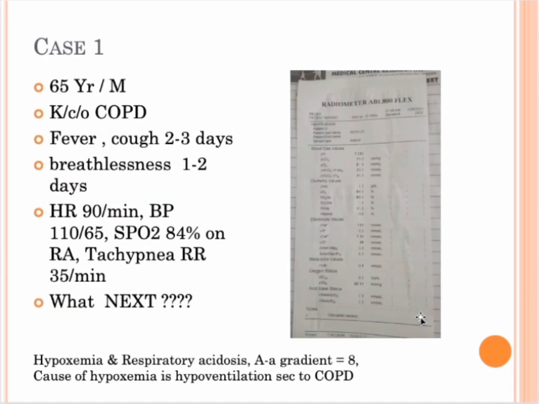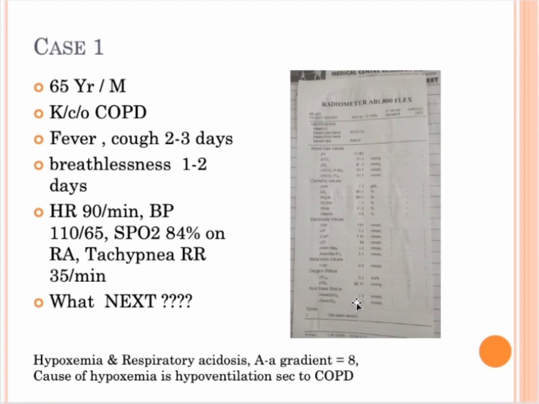So let us go back to our 3 cases we started discussing at the start of my lecture. This was the first case of a COPD with some acute exacerbation with hypoxemia. The saturation was 84 on room air, and we did the blood gas.